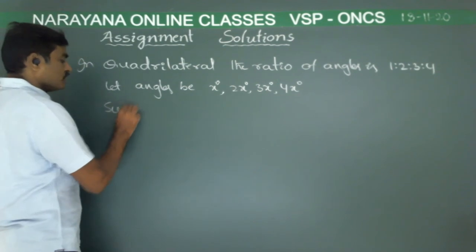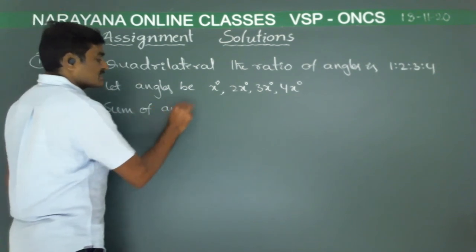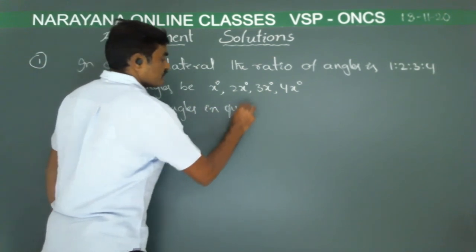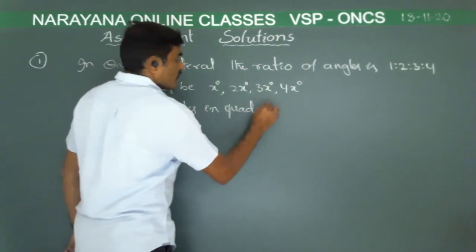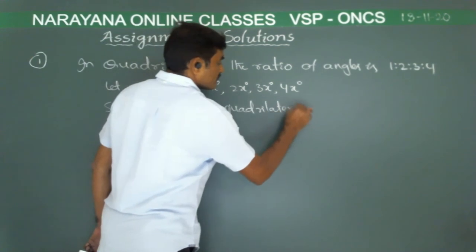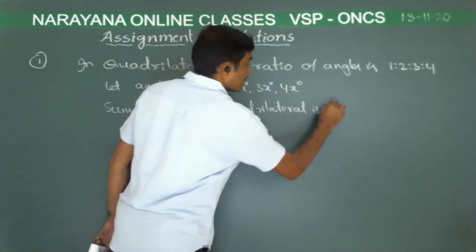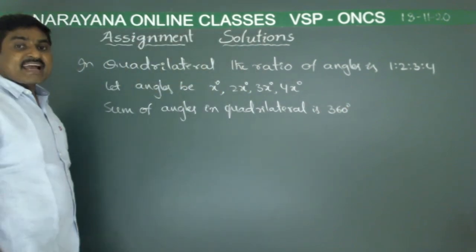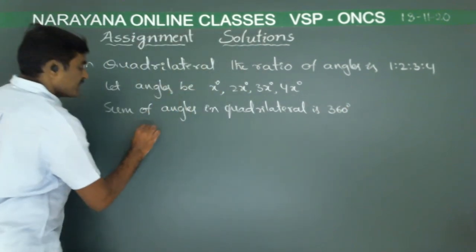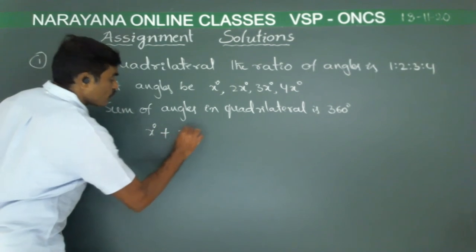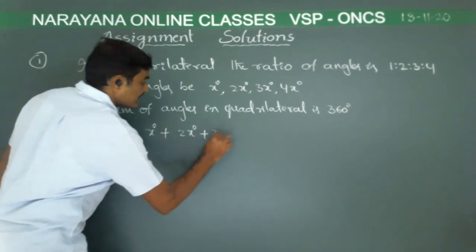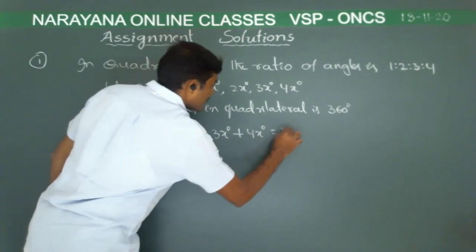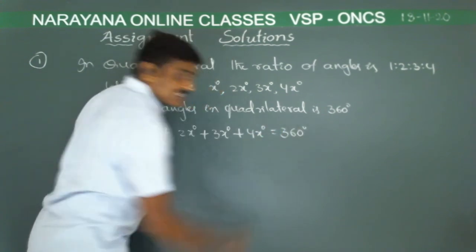So x plus 2x plus 3x plus 4x is equal to 360 degrees.